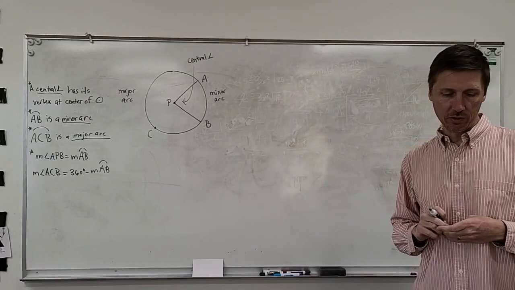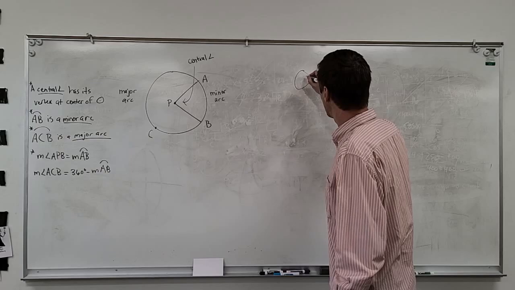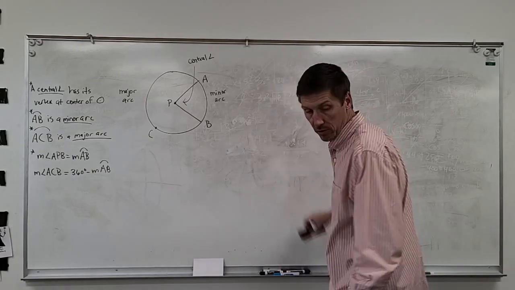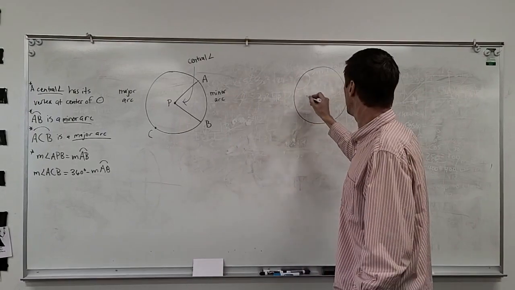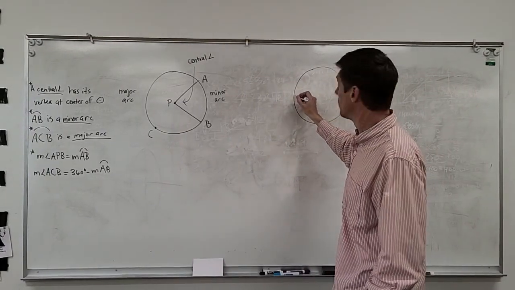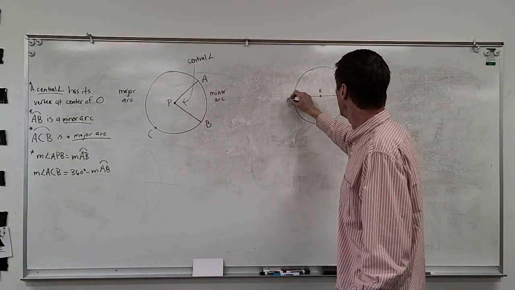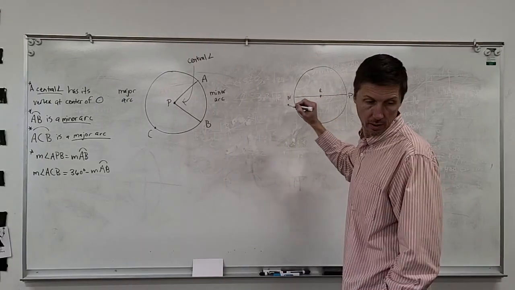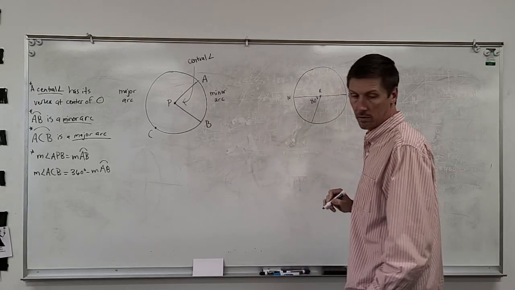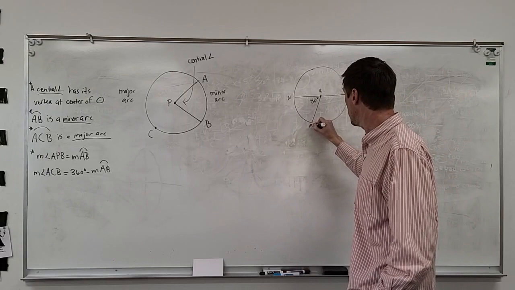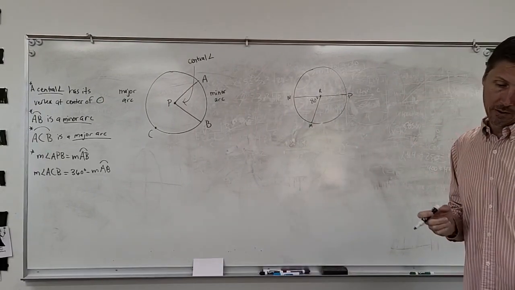So find the measure of each arc of circle R. We've got this circle here. We put an R in the middle. We'll do N, P across here, R here, and then they tell us that this is 80 degrees. And we label this M down here.